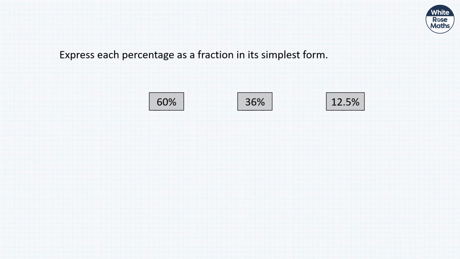There's your answer. Express each percentage as a fraction in its simplest form. Okay, so 60% will be 60 hundredths, 60 out of 100, which simplifies to 3/5. Divide top and bottom by 20, which is the highest common factor between 60 and 100.